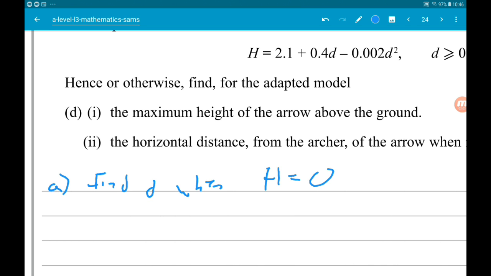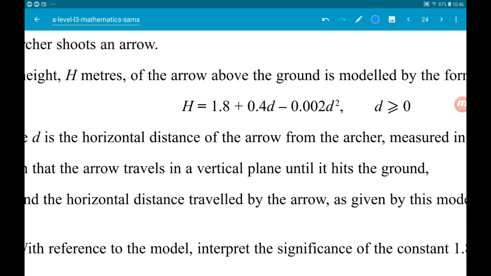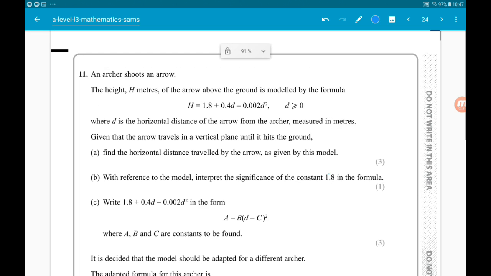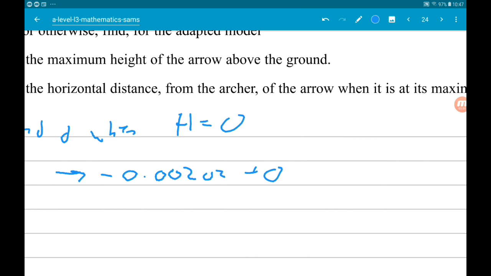Now that means then we are solving minus 0.002d squared add 0.4d add 1.8 is equal to 0.